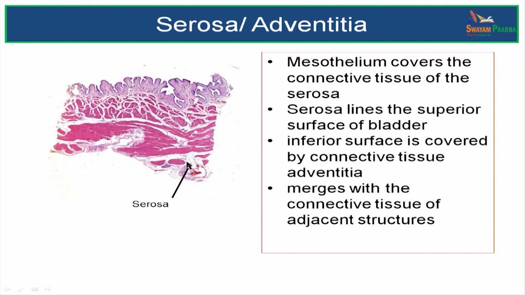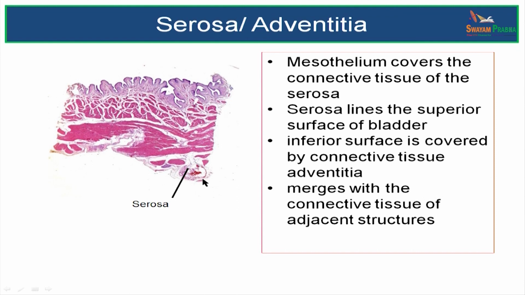Last layer, or the outermost layer, is serosa or adventitia. Please note, serosa lines the superior surface of the bladder, while the inferior surface is covered only with connective tissue, that is called adventitia. Serosa, which lines the superior surface, has connective tissue and a mesothelium. Mesothelium is nothing but simple squamous epithelium.